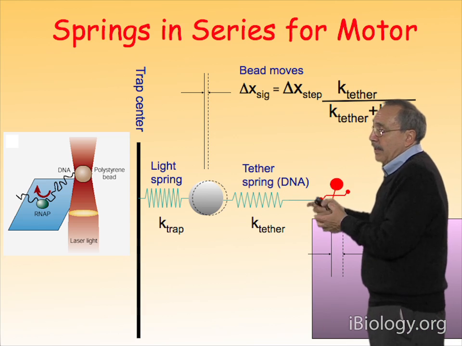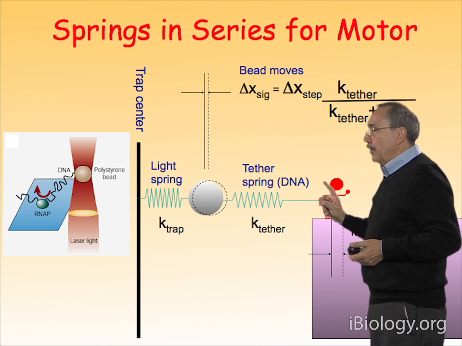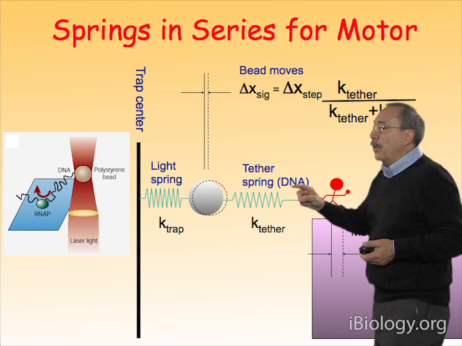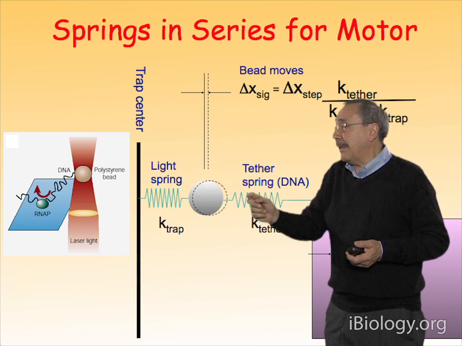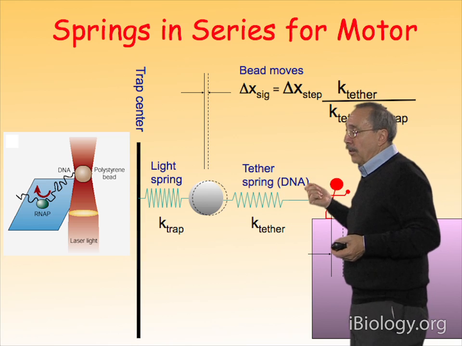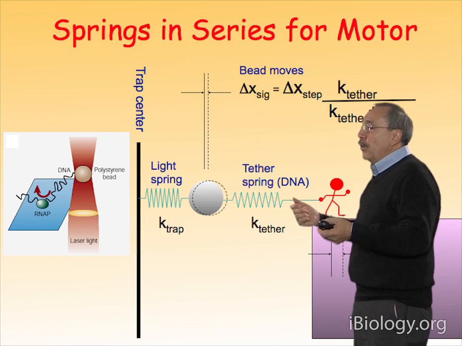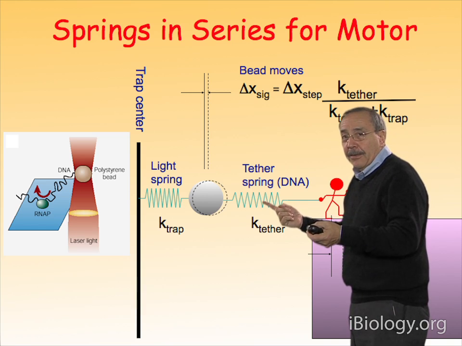You can see it intuitively. The little guy here, the motor, is going to try to make a step, delta x. But that's not going to produce a step, delta x, of the bead in the trap, because once it applies force on the DNA, part of the movement of the motor is going to be absorbed by the spring of the tether, right?